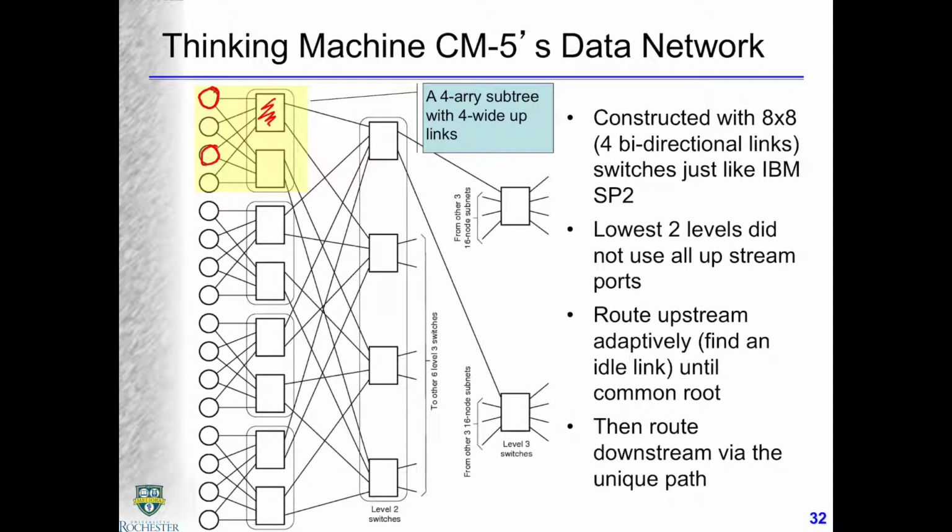Then you just have to go upstream to there and go downstream, right? So the upstream is routed adaptively. Remember, each node has 2 possible upgoing routes, and this applies recursively. So each level 1 router has 2 upstream routes. Anyone would do.